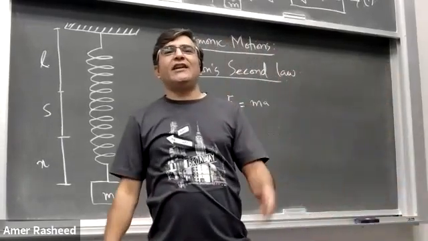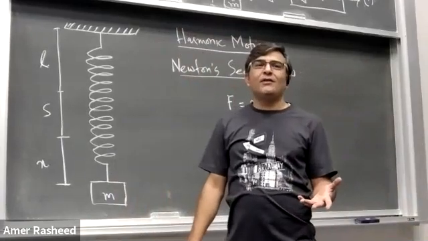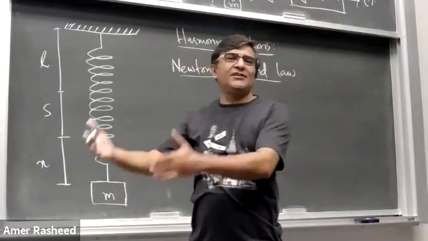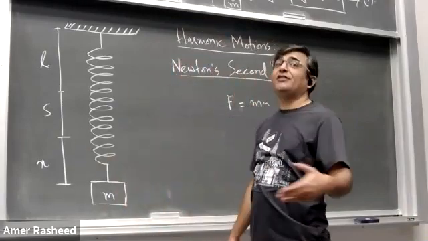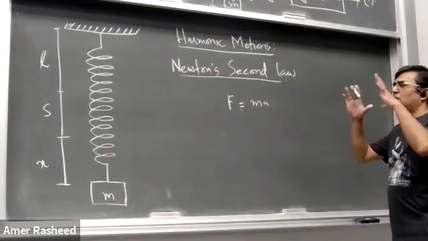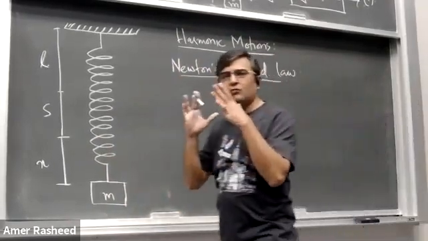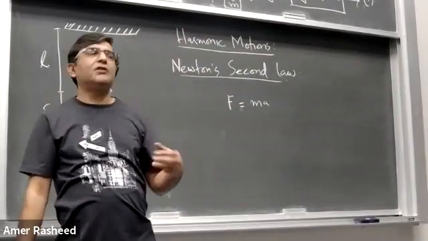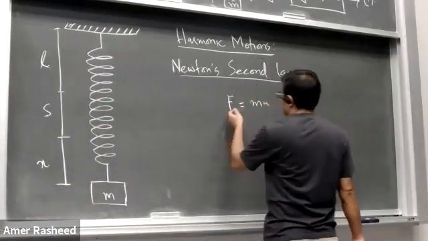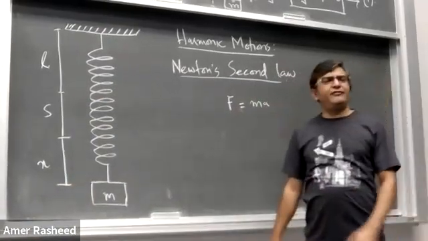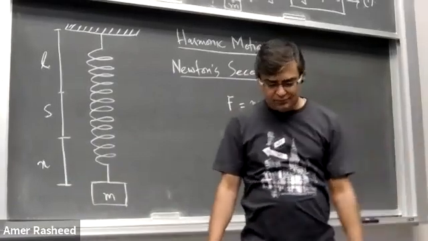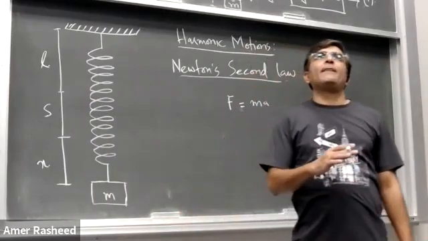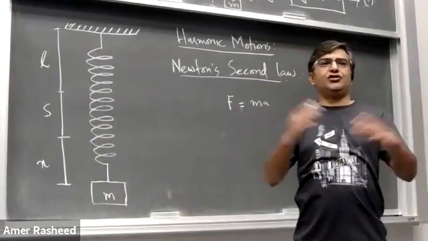F is the force required to put a certain object of mass M at an acceleration A. So that is the force required. To move anything at a certain acceleration, where the mass of the object is M, we can calculate the required force by using this formula. And this formula is tremendous. It is used almost in every situation where we need to model the motion of an object.